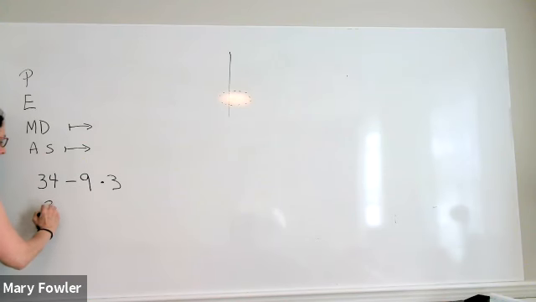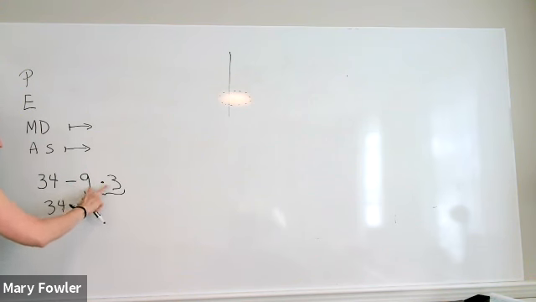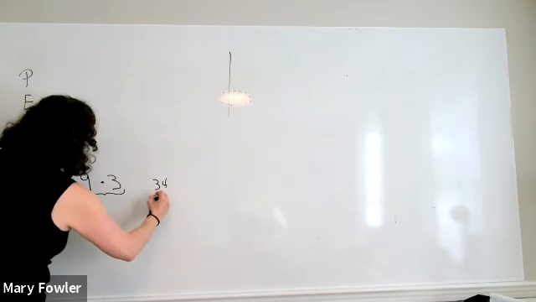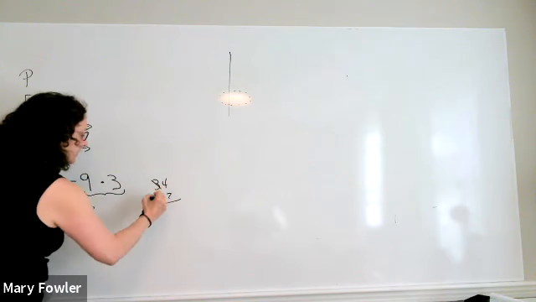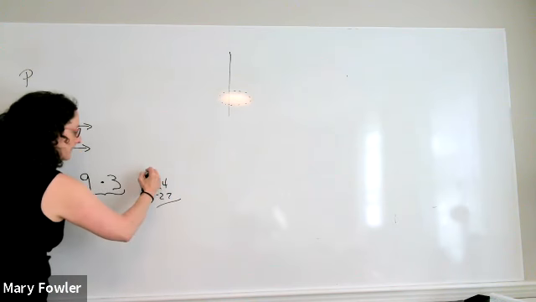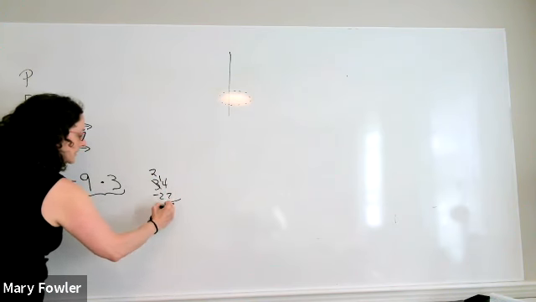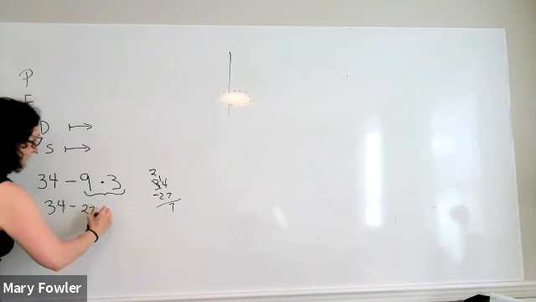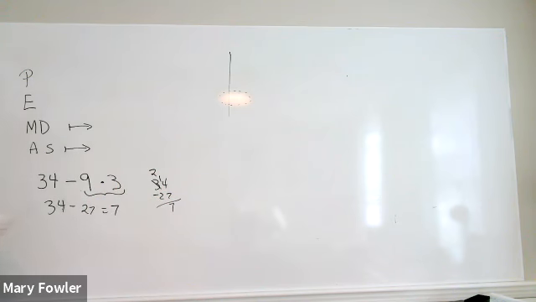There's only one. We get 34 minus 9 times 3, 27. Okay. And then you're going to take that quick subtraction, right? 34 minus 27 equals 7.